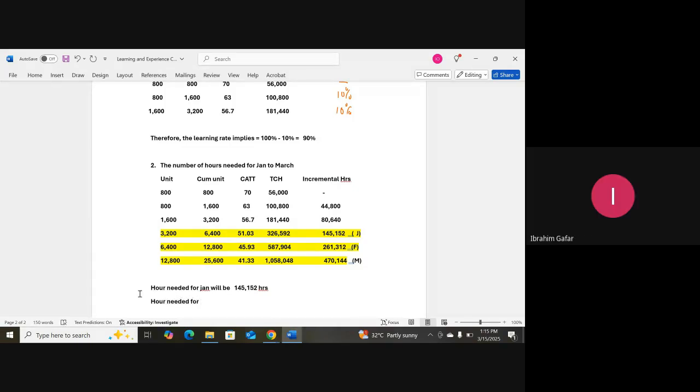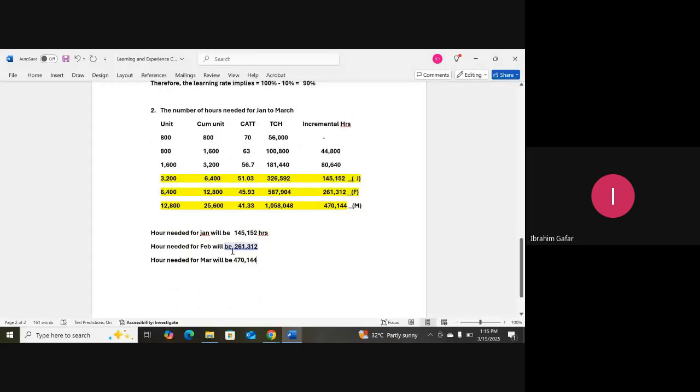Hour needed for February will be 261,312. Hour needed for March will be 470,144. So that's the requirement.